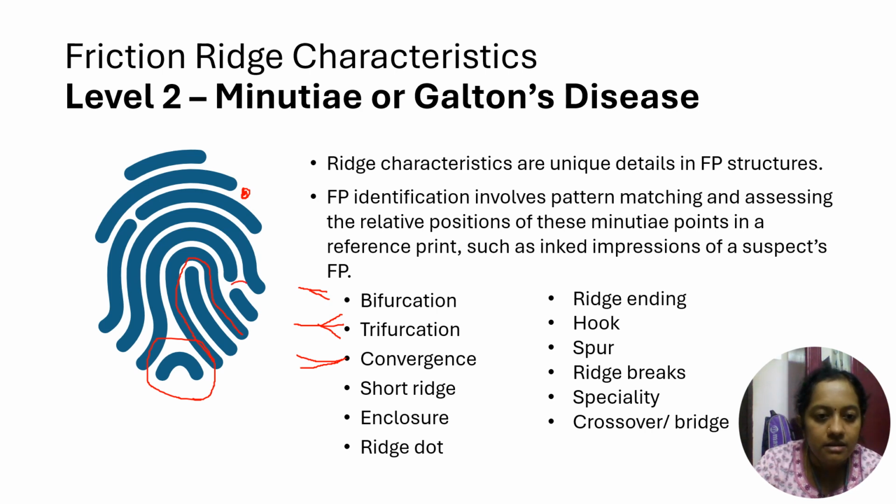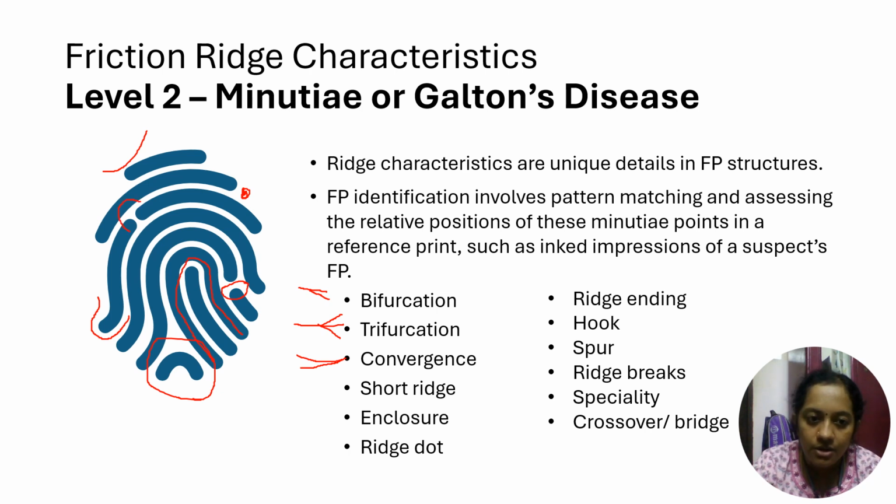This is the ridge ending. This is the hook. If something comes like this, this is a hook. Spur is just like this. Everything is moving in one direction, and a spur goes in the opposite direction. It is called a spur.